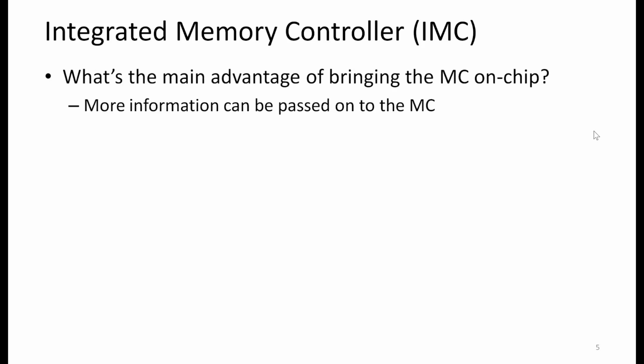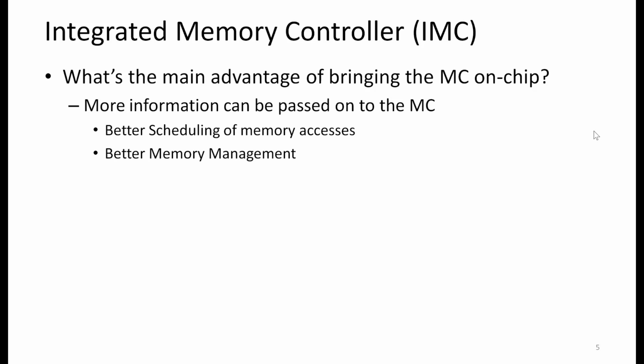Now, what is the advantage of getting the memory controller on chip, which is called integrated memory controller? We can pass more information from the processor to the memory controller, which will help us to do some better scheduling of the memory accesses at the memory controller.